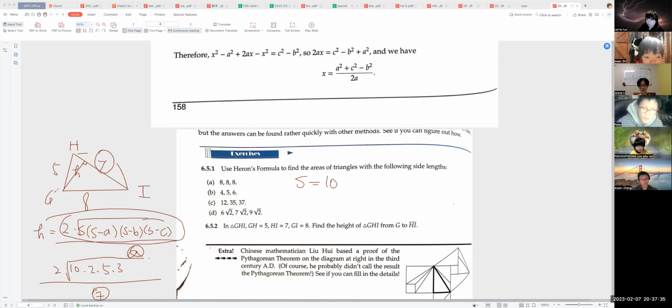Get it, Peter? So this height is based on this base, and this height is based on this base, and this height is based on this base. And since now we're talking about the height which goes through G, and this height is based on HI, that's why you need to divide it by HI, which is 7 instead of 8. Understand, Peter? Understand, Isaac? So this is the problem.